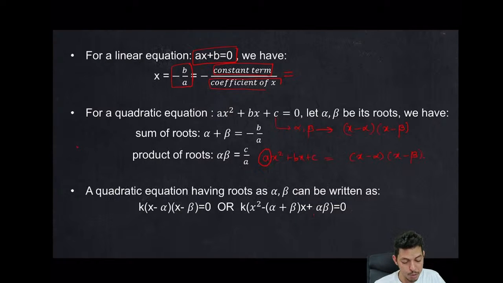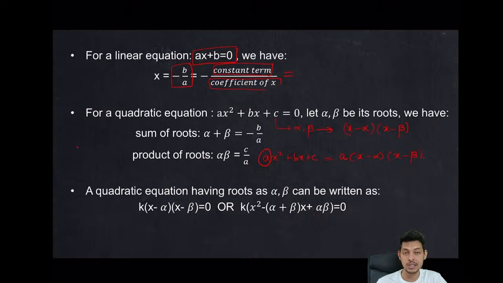Because if you open up your right hand side, can you just visualize when x and x get multiplied, we are going to get x square. But the left hand side has an ax square, so they do not look the same. Now this can simply be taken care of by putting a in front of this. So when you put a over here, we can be assured that now these two expressions are the same.